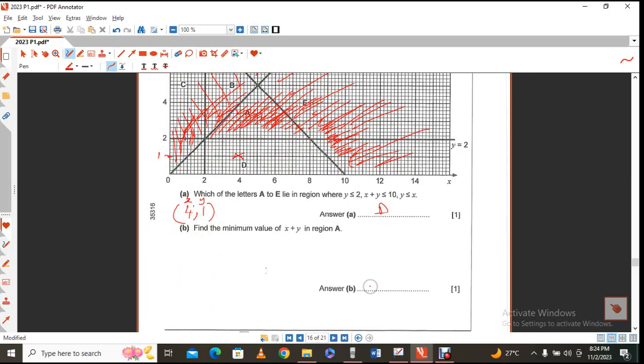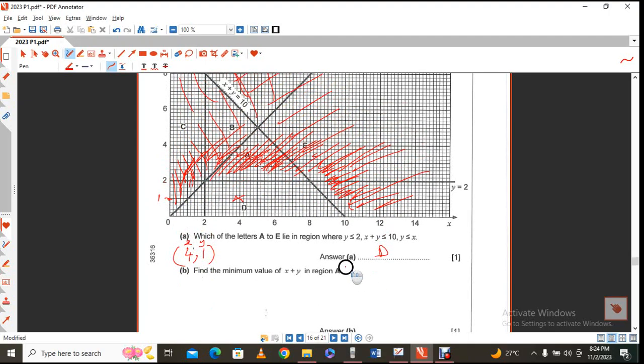Now, I'm going to take the shading away. I just used that shading to allow me to get to a point. When they are saying you are supposed to find the minimum value, this is something very important. Also take away this point that I have introduced over here.